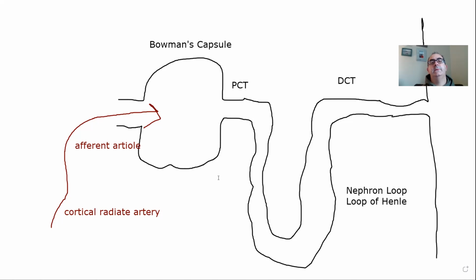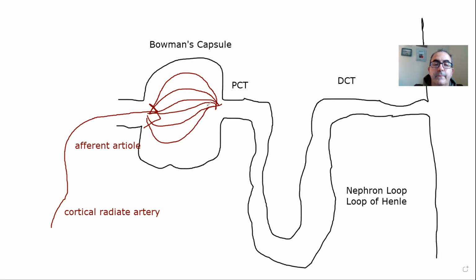Now, what happens when the afferent arteriole brings blood into Bowman's capsule is the afferent arteriole branches into a bunch of branches. And these branches are all capillaries.